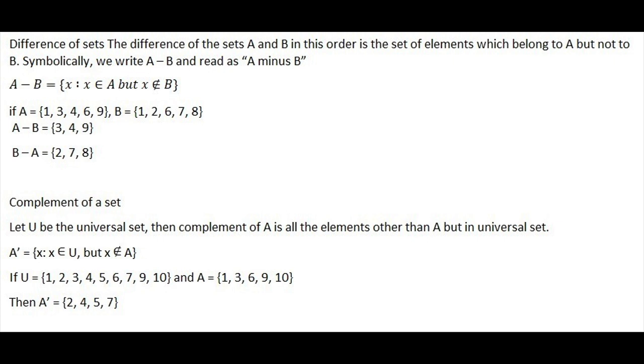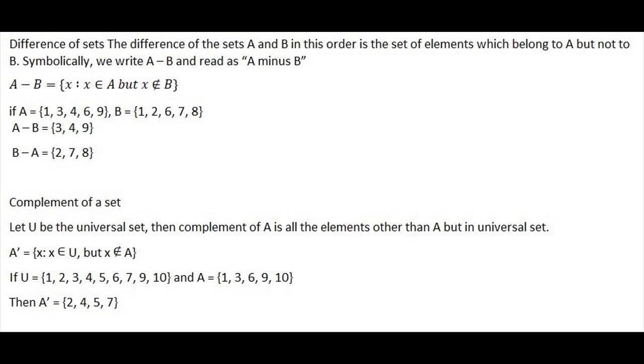So whatever is not in B, only in A, that is the answer. For example, A is {1, 3, 4, 6, 9} and B is {1, 2, 6, 7, 8}. Then for A minus B, carefully we omit 1 and 6. Yes, 1 and 6 are the culprits which are there in B. So if you omit those, you will have 3, 4 and 9. That is A minus B.